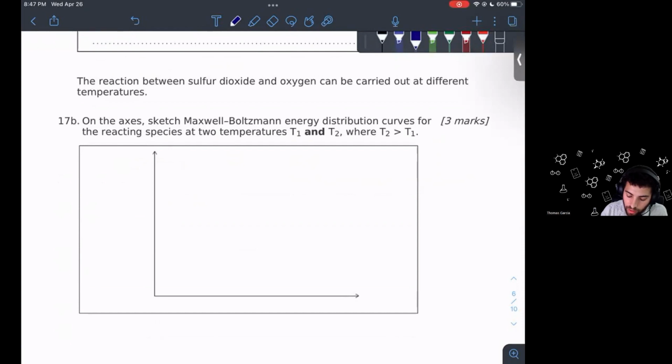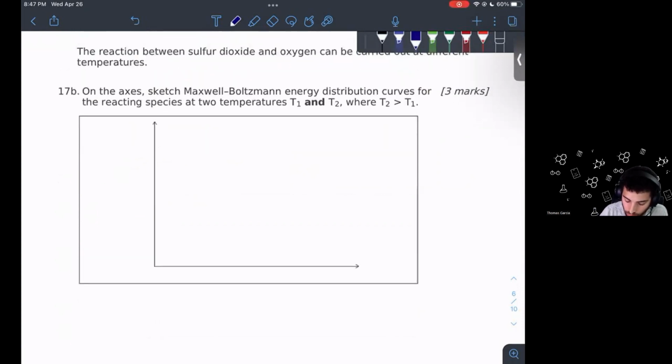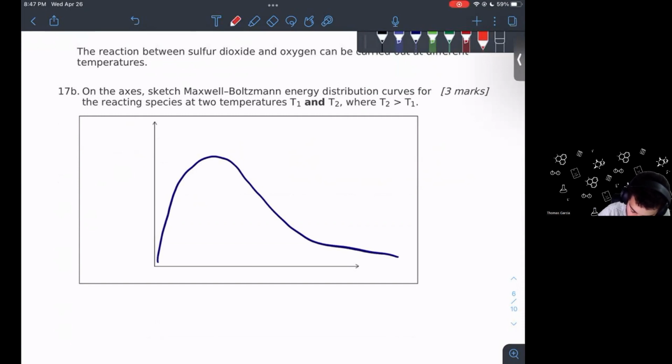The reaction between sulfur dioxide and oxygen can be carried out at different temperatures. Guess what, y'all? You have done this problem before. I wanted you to do it again because only a couple people got this right. So let's sketch our Maxwell-Boltzmann energy curves. I'm going to use blue for our lower temperature and red for our higher temperature.